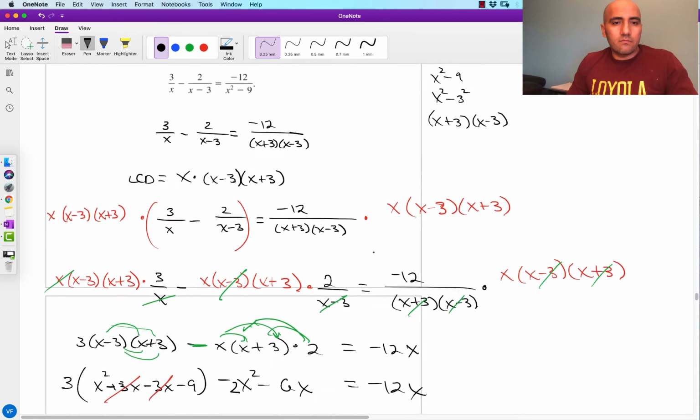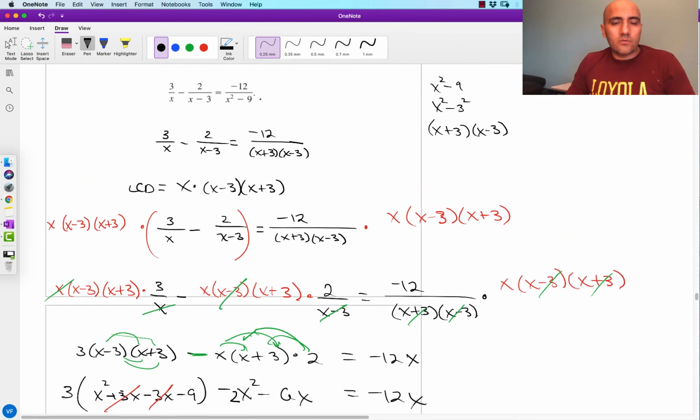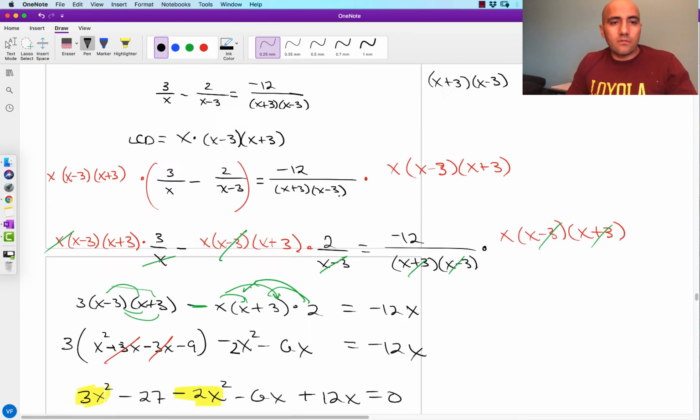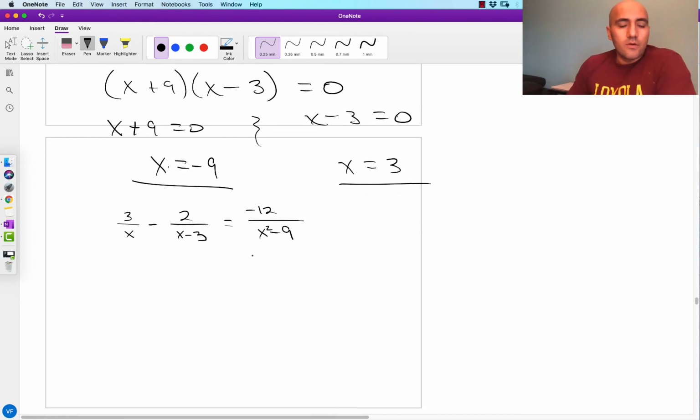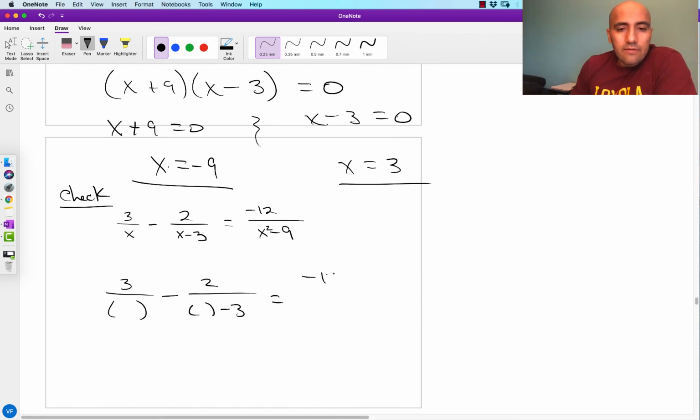Right. Okay, so we can check to see if in fact this is true. So it's 3 over blank minus 2 over (blank minus 3) equals negative 12 over (blank squared minus 9).